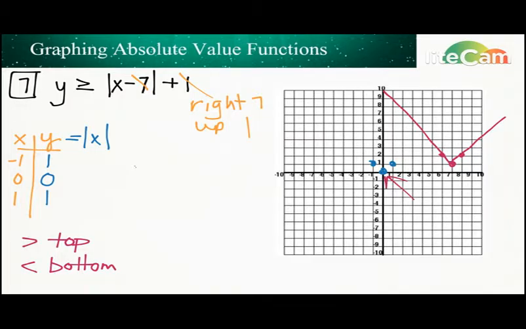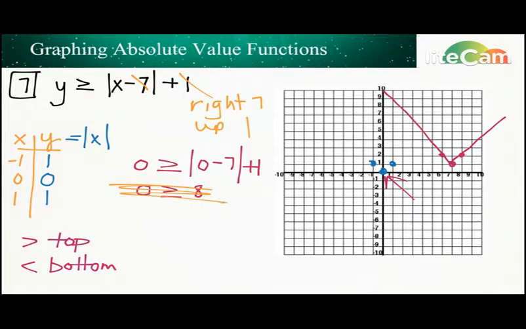So I'm going to put 0 in for y, and 0 in for x plus 1. Now 0 greater than or equal to, this is going to be a -7, and the absolute value of -7 is a +7, and then I'm going to add 1, so that's 8, and that is not a true statement.